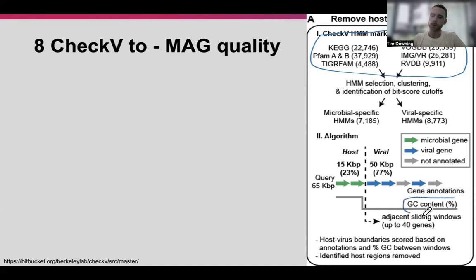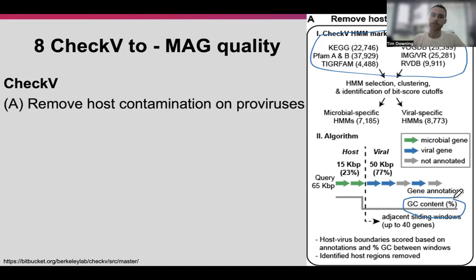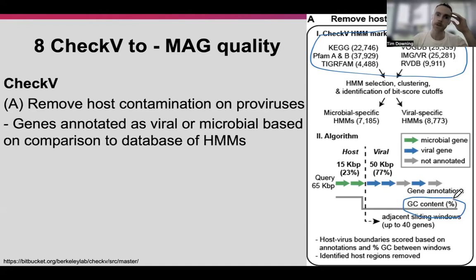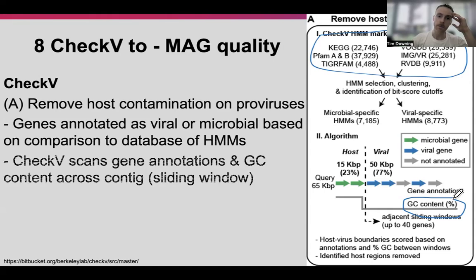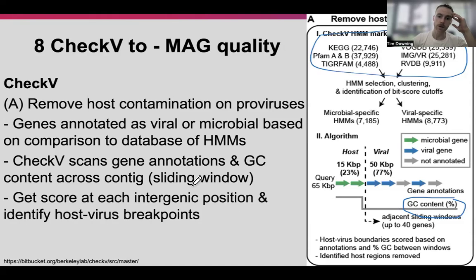They also use information like GC content to explore that. So it can help eliminate provirus contamination in host contigs. It can look at gene annotation and quality across the whole contig, and also look at intergenic regions and at these breakpoints between host and viruses.